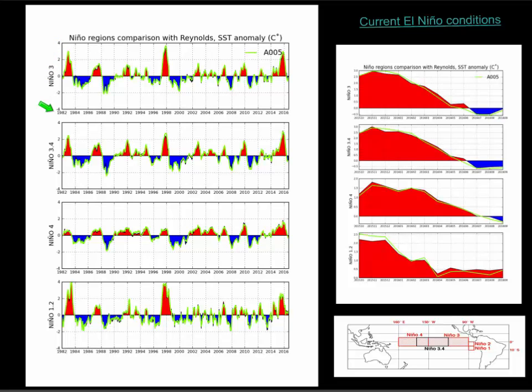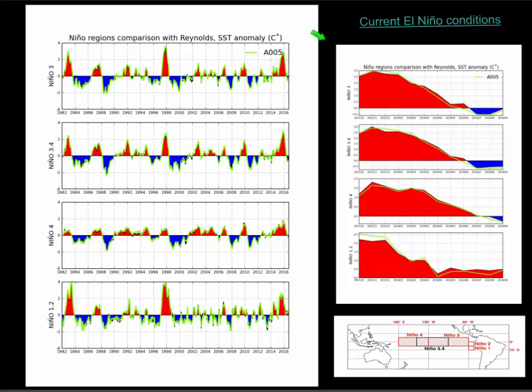The data starts back in 1982. That's when we started our model first, and we always overplot the observations to make sure we represent the current conditions well. And so you can see again when we had the huge El Niños, 82, 83, 97, 98, and the most recent one.